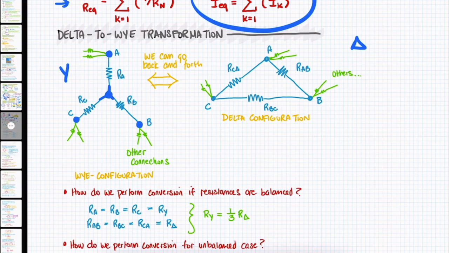RA, RB, and RC are not in parallel, nor are they in series with one another. And if we go over here and look at our delta, we see, again, those same 3 points, A, B, and C, and 3 resistances, RAB, RBC, and RCA. And none of those are in series or parallel with one another, assuming that there's other stuff connected here.